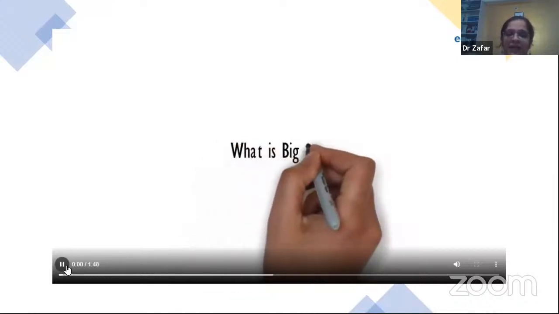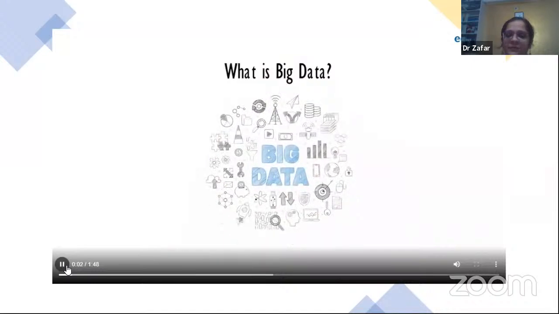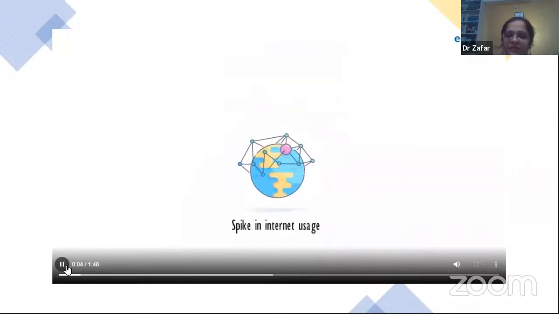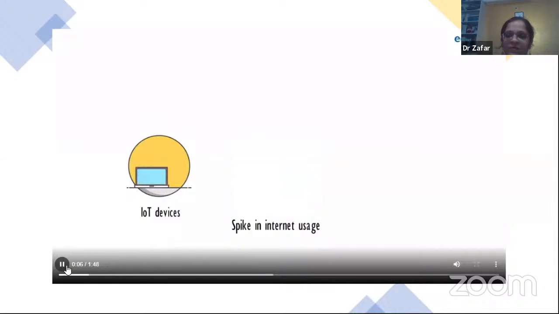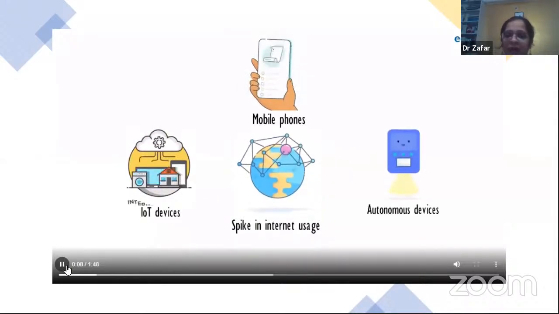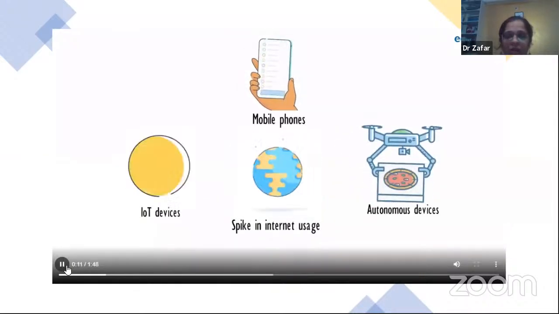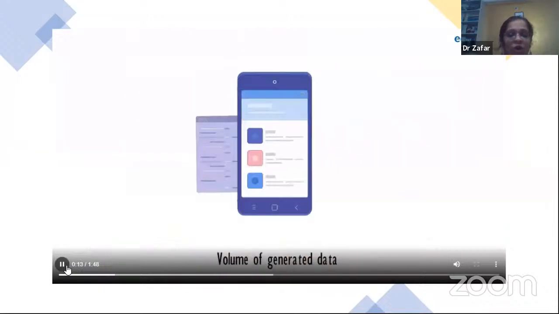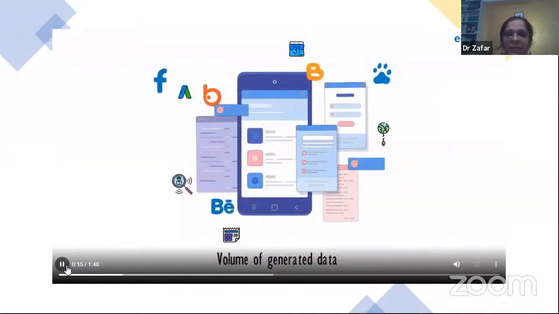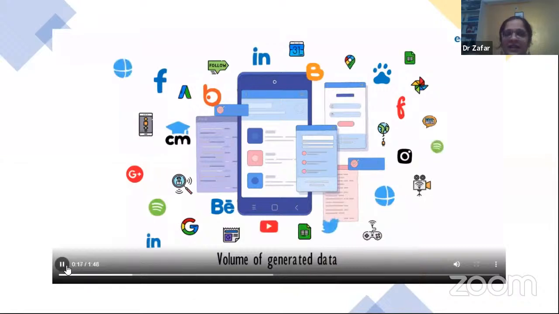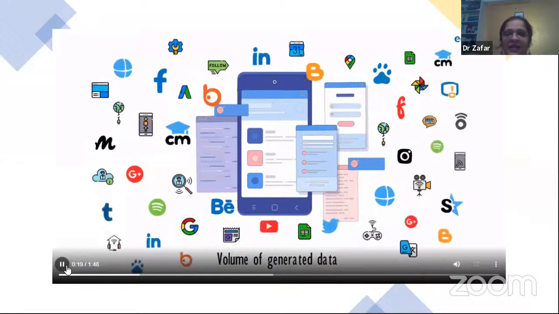And what is big data? With the spike in internet usage and other technologies such as IoT devices and mobile phones. So when we talk about IoT, when we talk about autonomous devices, no device is being related unless and until it has some mathematics, some learning involved in it.